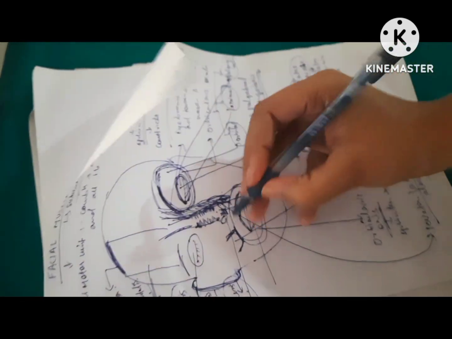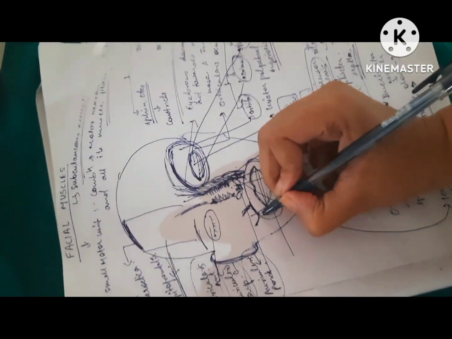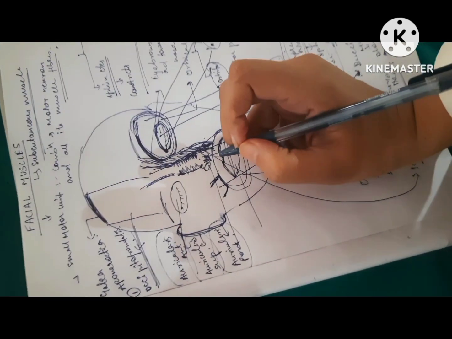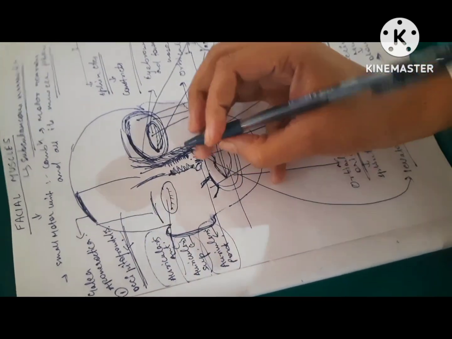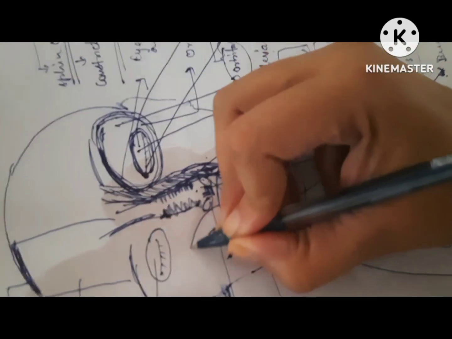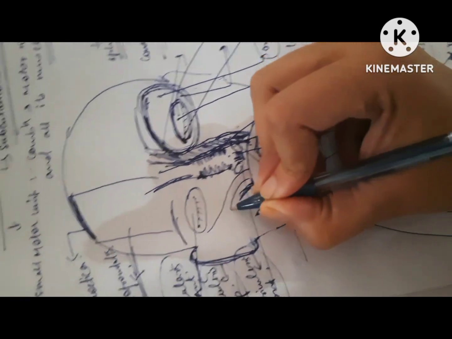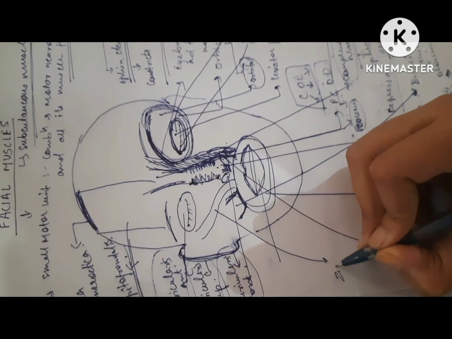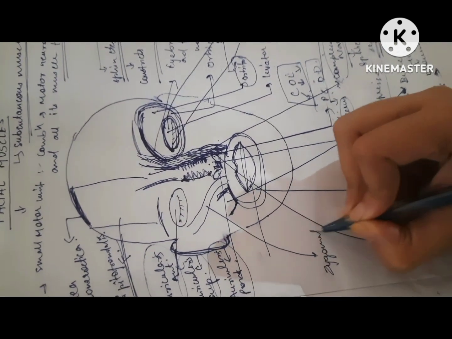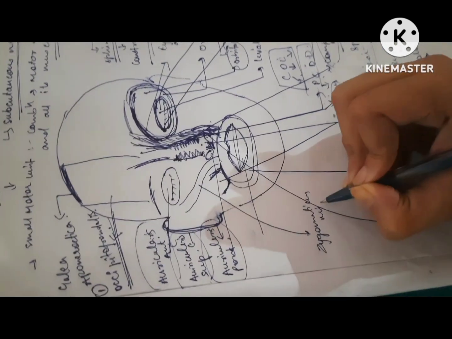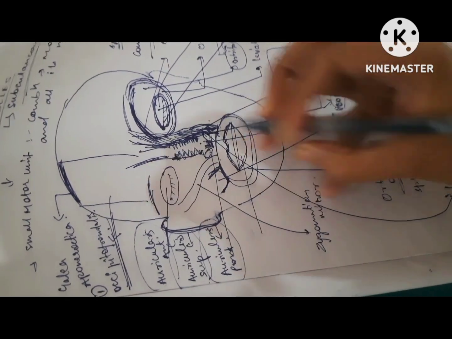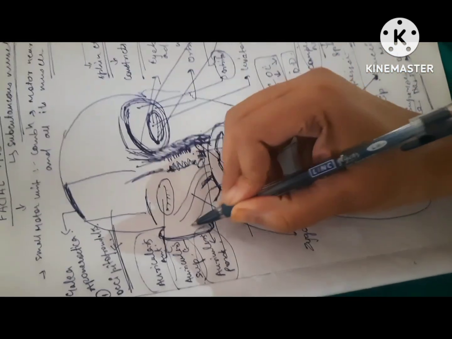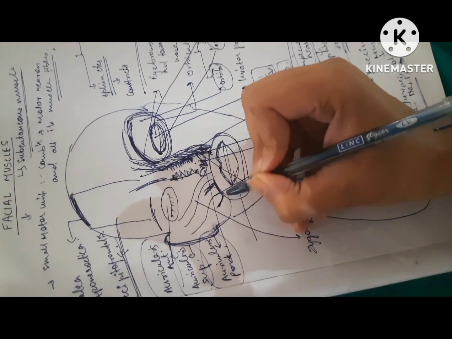Now we have two muscles that originate from the zygomatic bone, the zygomaticus major and zygomaticus minor. Anteriorly, the muscle that goes to the upper lip is zygomaticus minor, and posterior to this muscle is zygomaticus major.